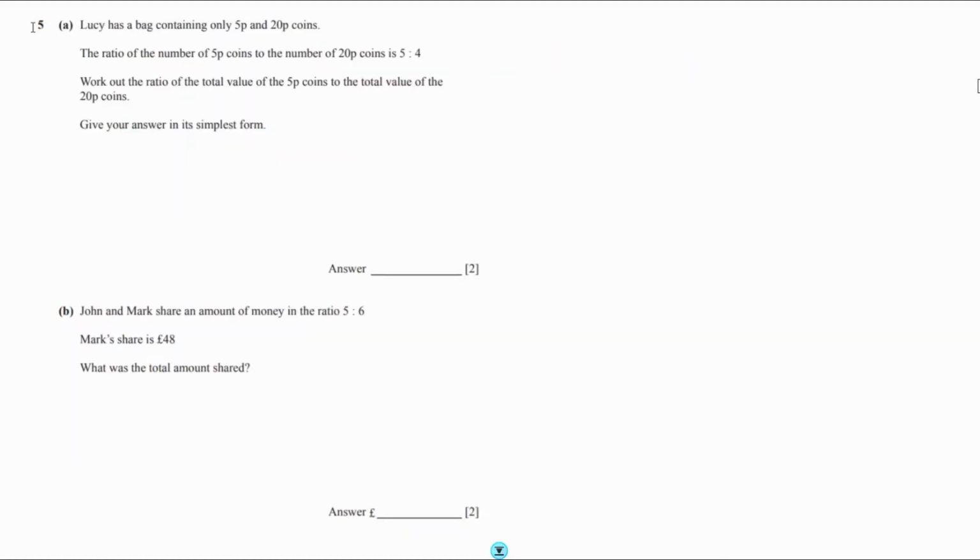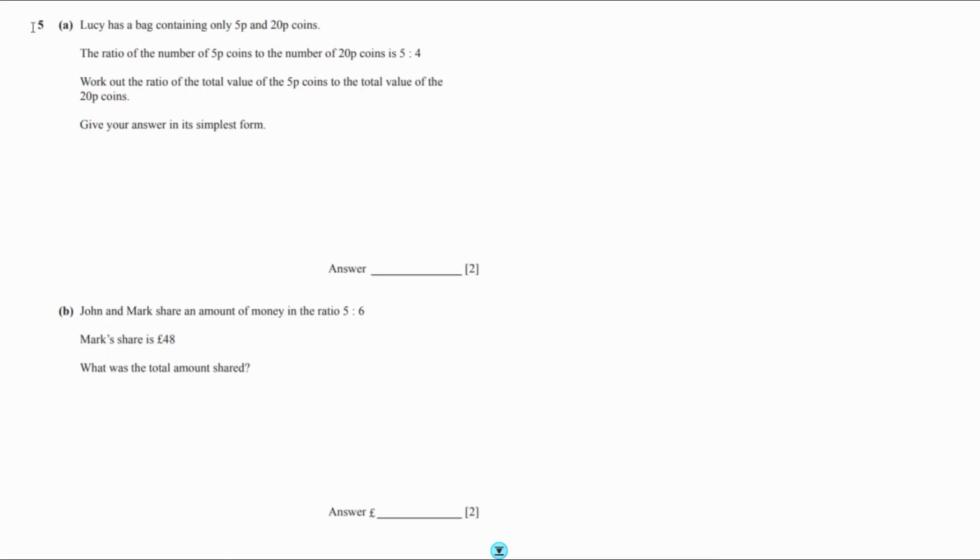Lucy has a bag containing 5p and 20p coins. The ratio of the number of 5p coins to number of 20p coins is 5/4. Work out the ratio of the total value of 5p coins to the total value of 20p coins and give your answer in its simplest form.